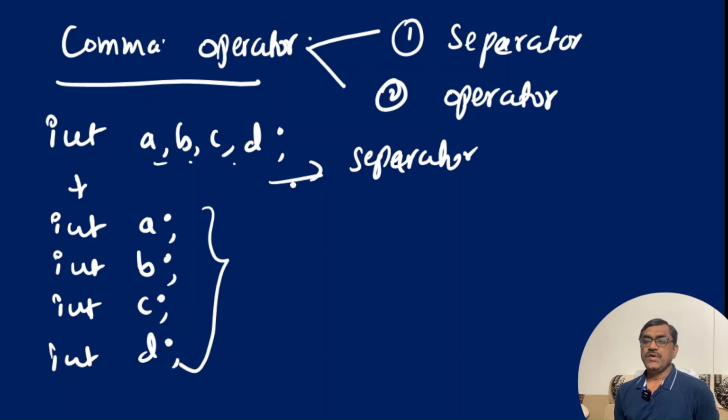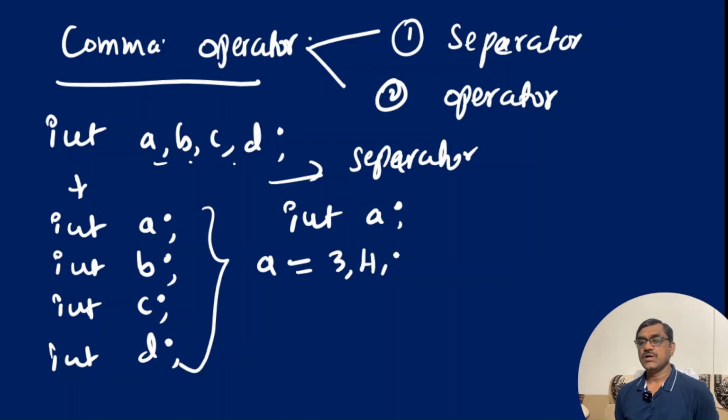Now, when it acts as an operator, for example, here I am writing int a; and a = 3, 4, 5. If you observe this statement, first we store 3, next 4, next 5.